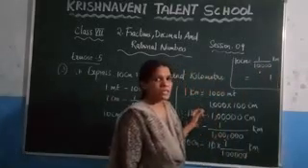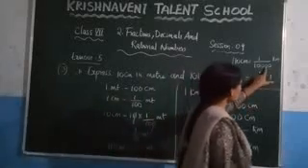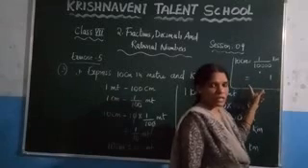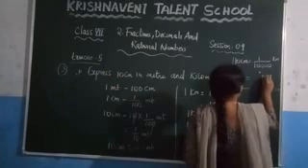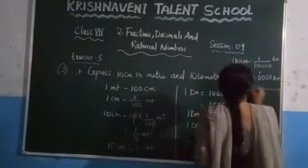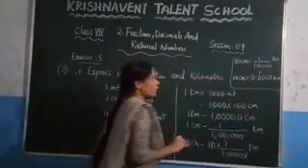Now how many zeros are there in the denominator? You need to count it: 1, 2, 3, 4. So you need to go 4 steps to the right and keep the decimal point there. Here keep the decimal point, which is kilometers. This is the value of 10 centimeters in the form of kilometers.